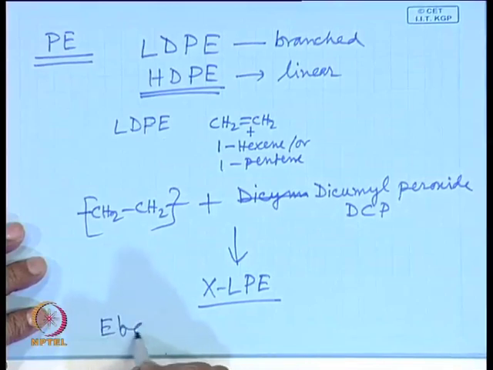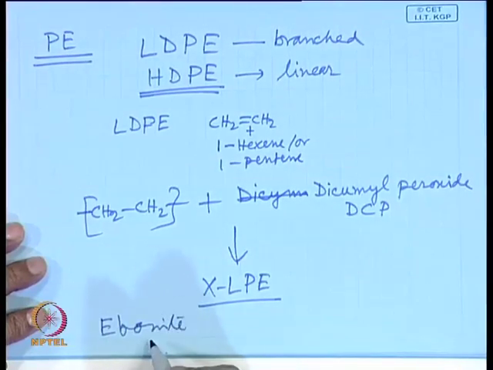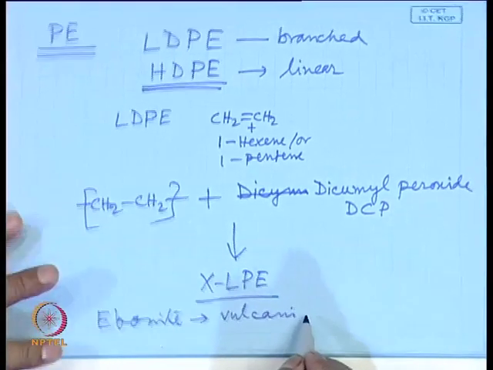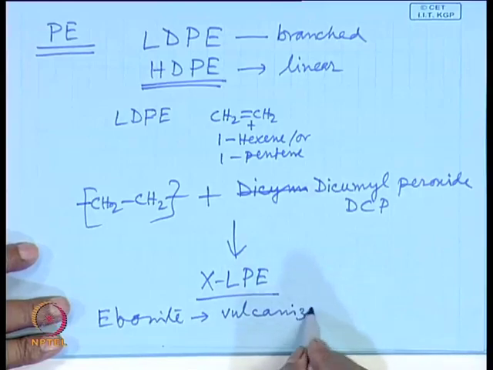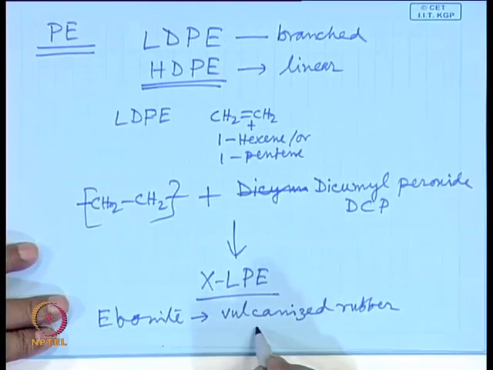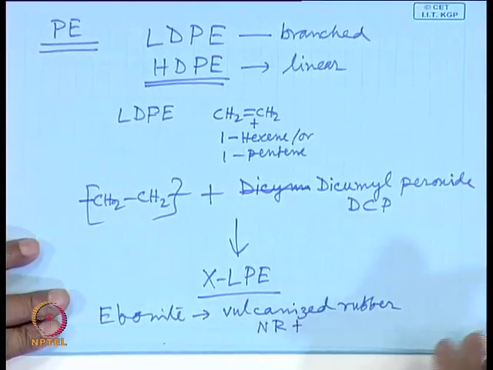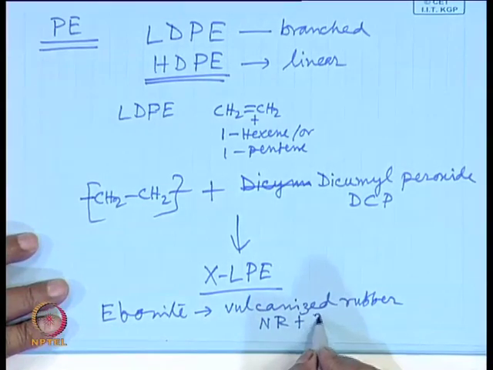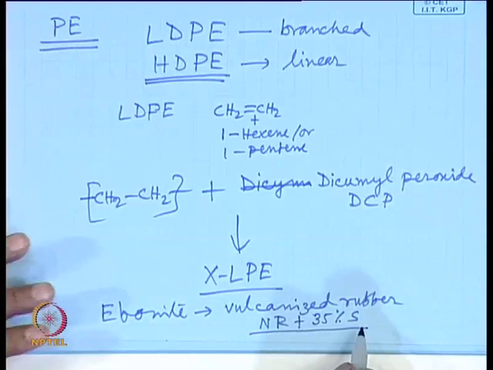Ebonite, it is a rubber. Vulcanized rubber, natural rubber plus 35% sulfur, is ebonite, used in making battery case.